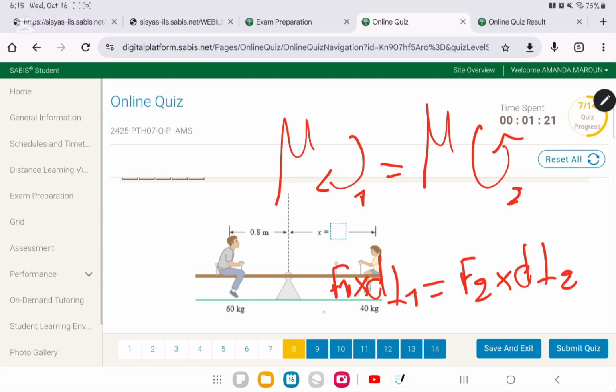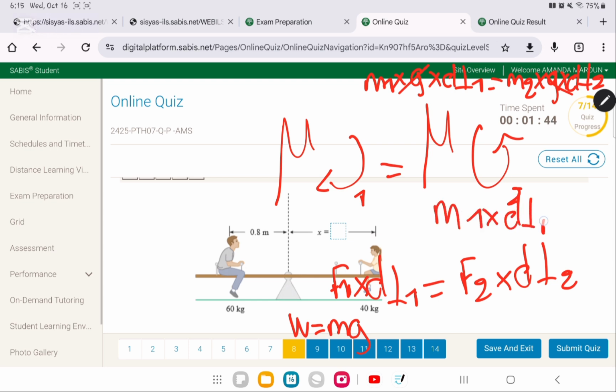Our force in this case is the weight, so the weight is equal to m times g. So we have mass 1 multiplied by g times perpendicular distance 1 is equal to mass 2 multiplied by g times perpendicular distance 2. We can cancel g here and g here, and then we get mass 1 times the perpendicular distance 1 is equal to mass 2 times the perpendicular distance 2.